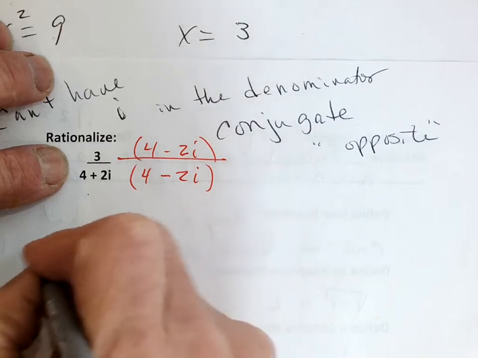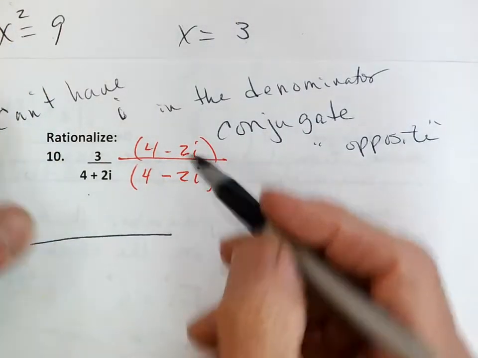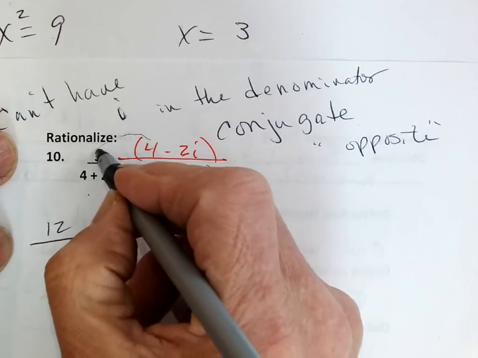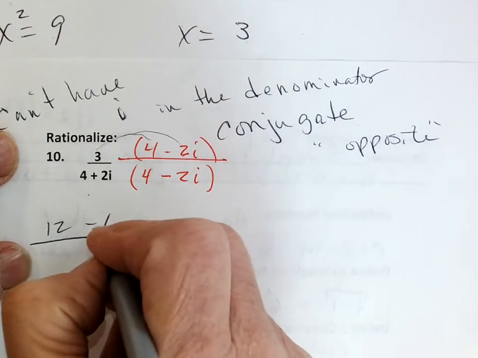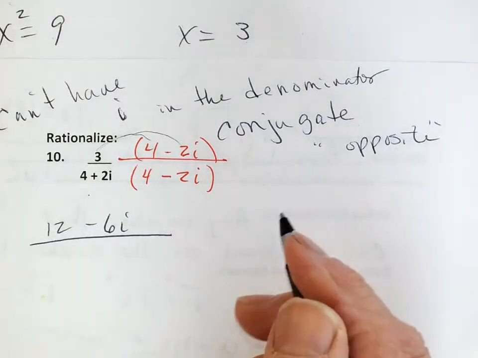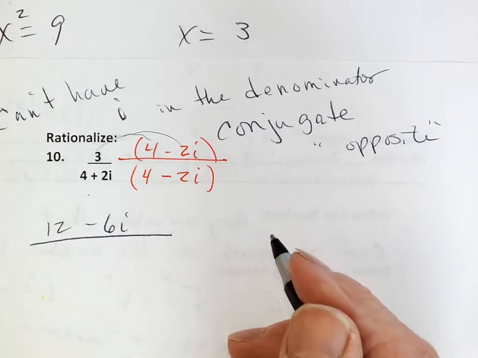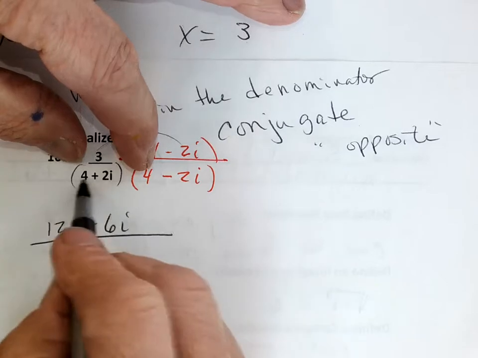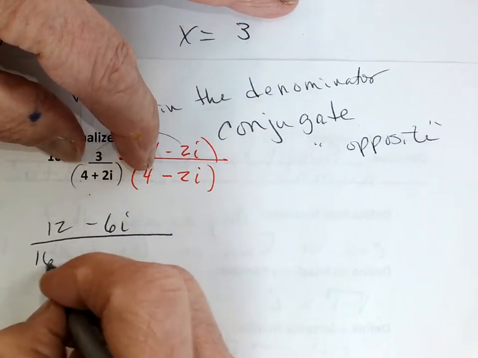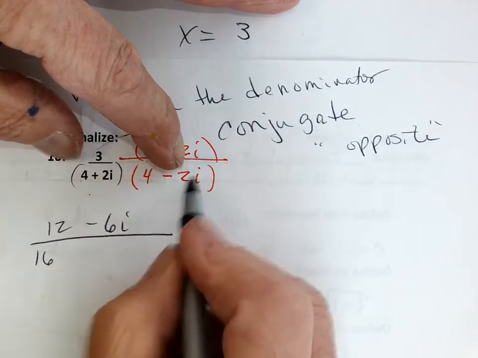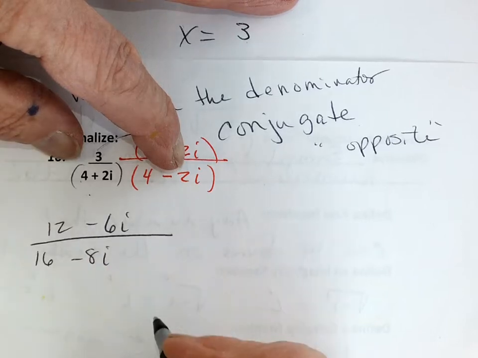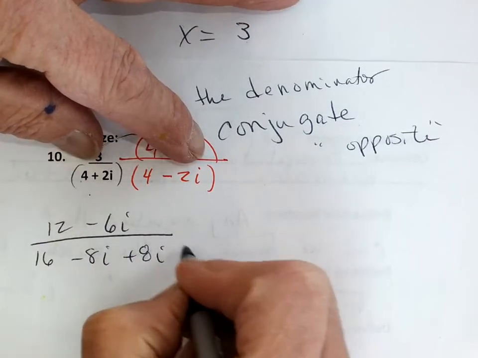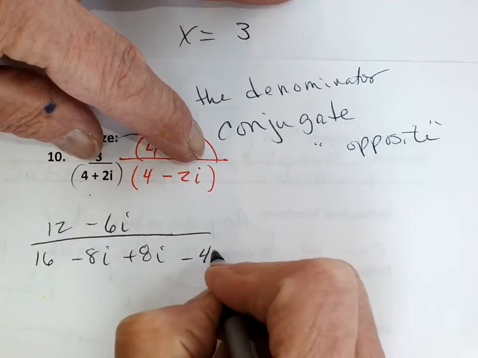In the numerator, 12 minus 6i. I don't care if there's an i on the top. Top's okay. In the denominator, here's why the conjugate works. 16 minus 8i plus 8i minus 4i squared.